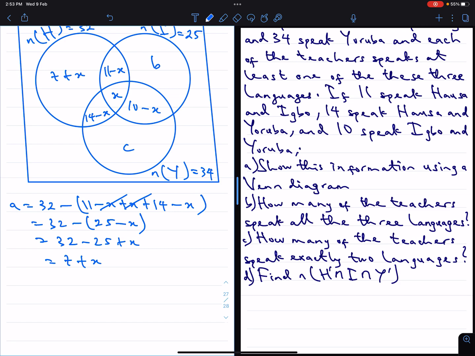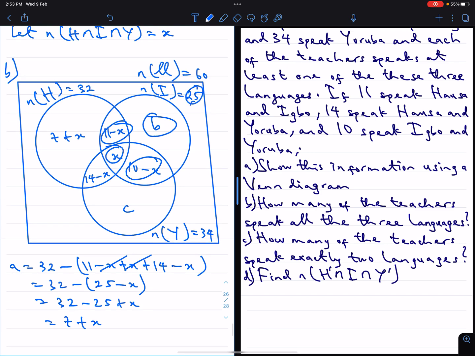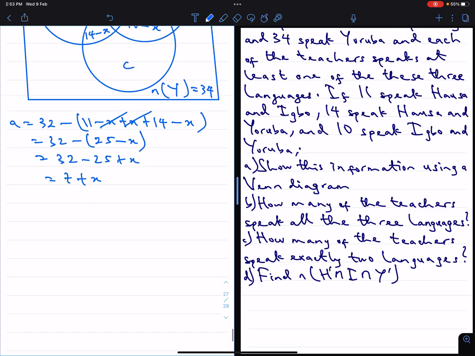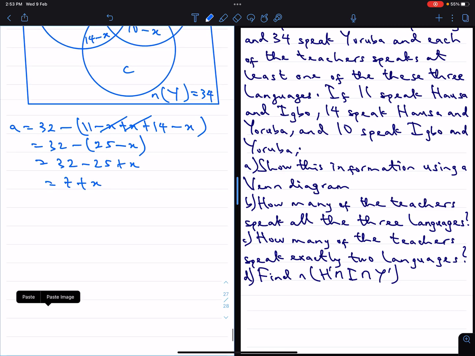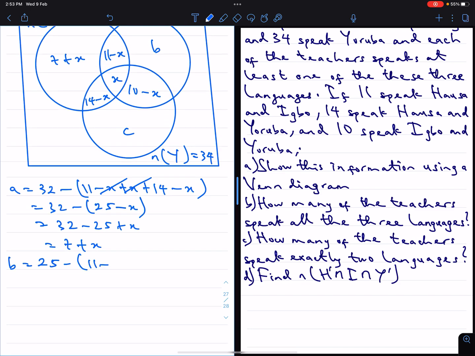To find B, we can say B plus 11 minus x plus 10 minus x equals 25. Or you do it this way: B equals 25 minus open bracket 11 minus x plus 10 minus x.